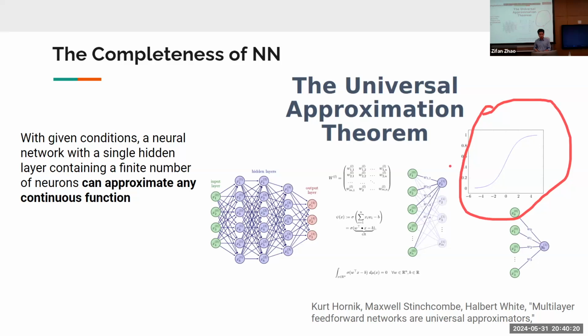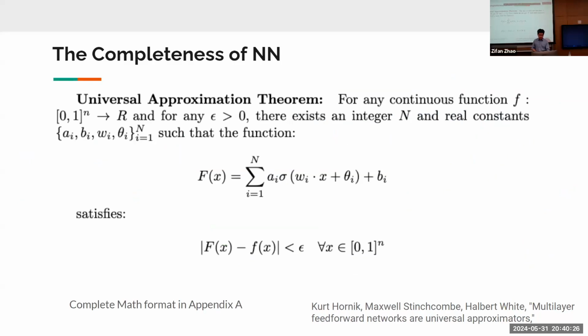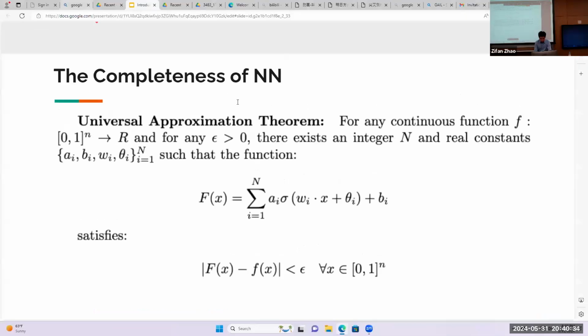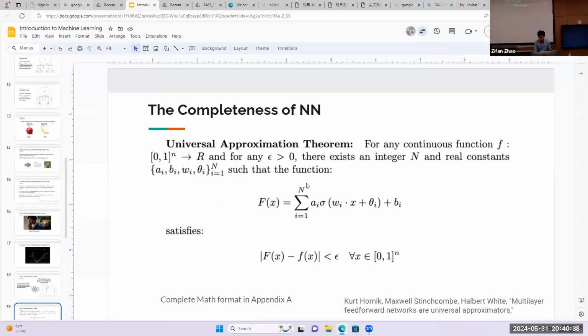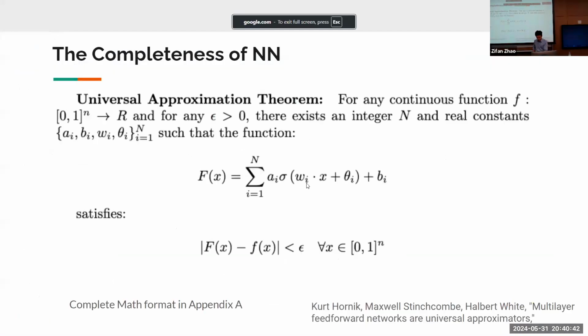That's basically the intuition behind this theorem, and this is the mathematical form of it. I'm definitely not going to cover this here, but I can briefly show the appendix I've written. I'll send it to the group chat later, but you do need to understand it. It's always hard to understand math formulas in class.